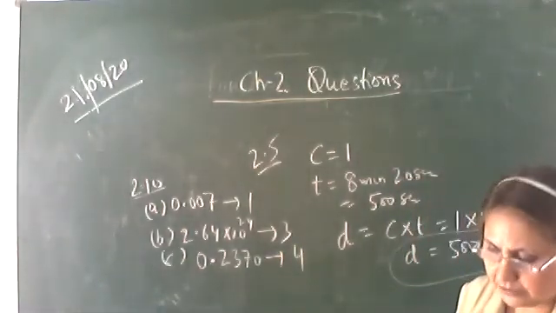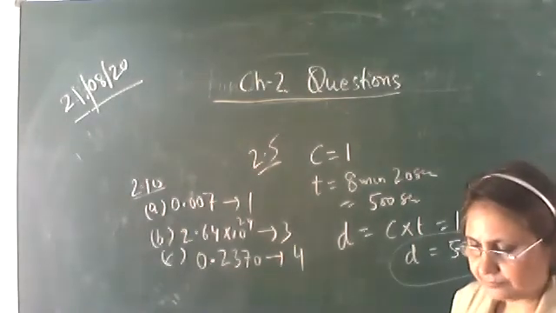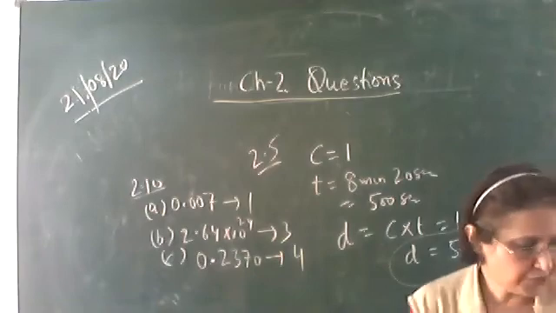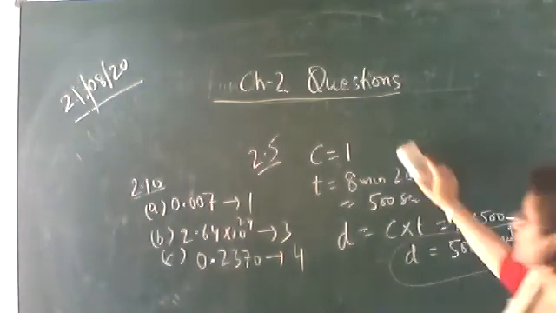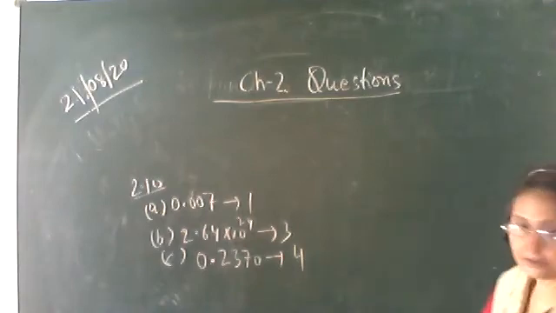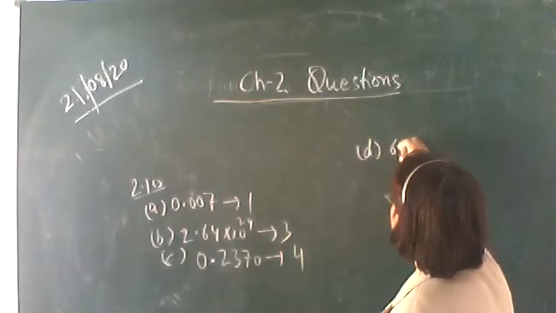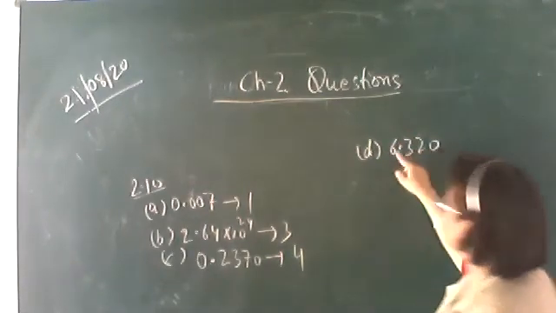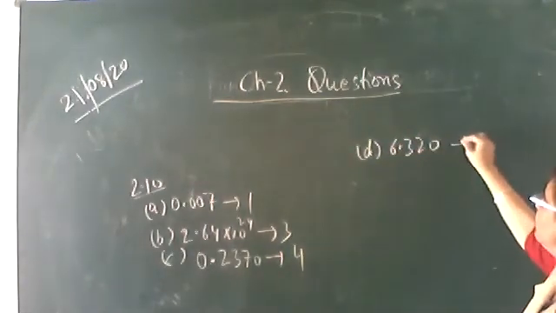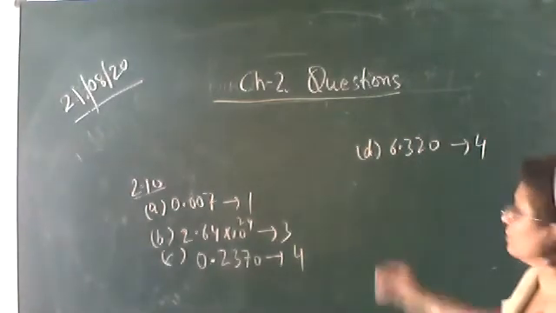Then the D part, which is on the next page, is 6.320. Again, this 0 is after the decimal, so it will be considered significant. So the number of significant figures is 4.